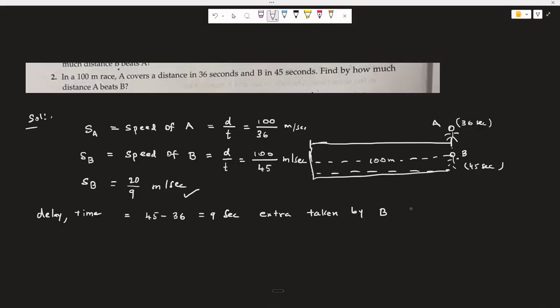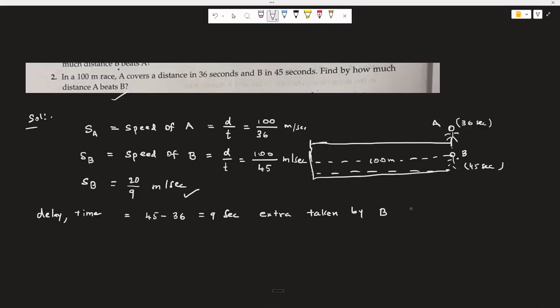In 9 seconds, which is the delay time, how much distance does he cover? That is what we require in the problem.